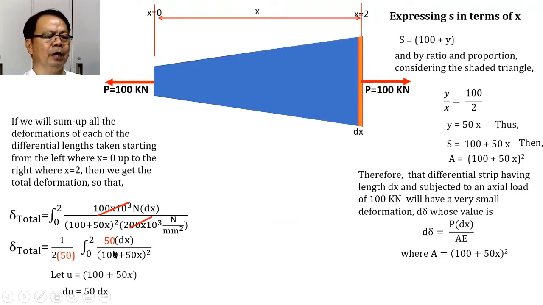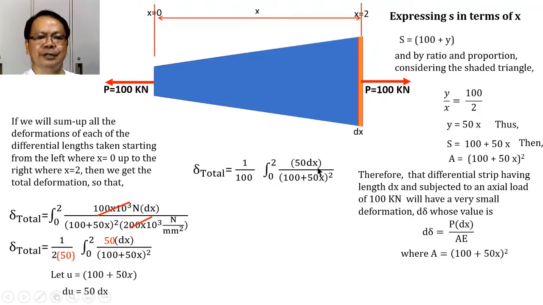Sa makatwid, ano ngayon ang mangyayari sa ating equation? If we will simplify it, our equation becomes 1 over 100 times the integral of 50 times dx over 100 plus 50x squared.